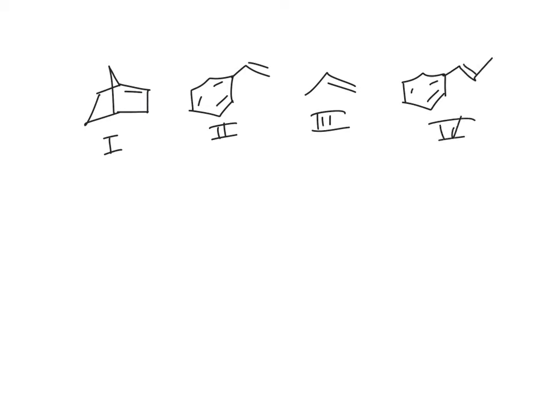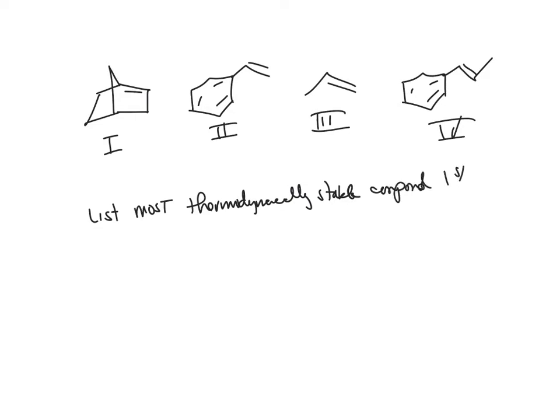All right, so it says list the most thermodynamically stable compound first. All right. Well, let me just tell you, this is the least stable. This is so unstable that it is considered not stable.